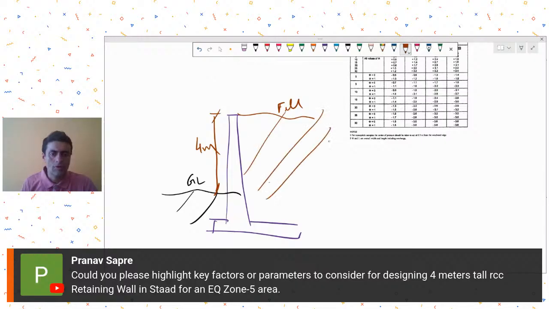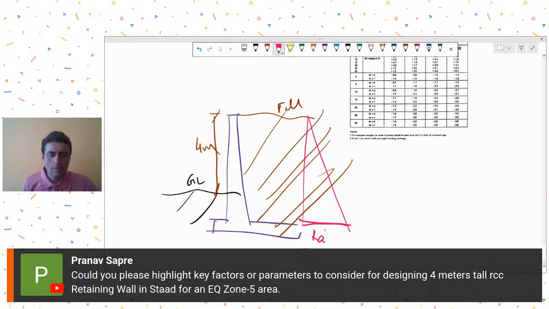So the above ground fill is 4 meters. What you want over here will be the dynamic pressure that will be exerted. How much increase in this dynamic pressure that you will have when it is acted upon by the earthquake, that you need to find out.